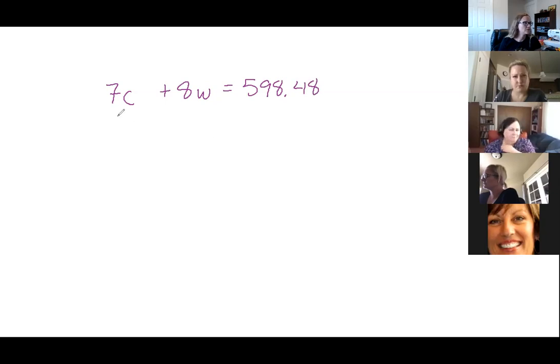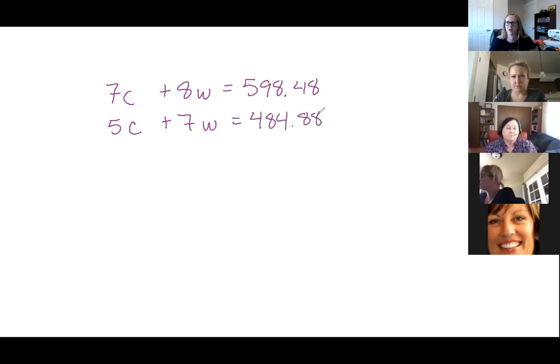And then on his second one we have 5 ceramic and 7 wooden, and a profit of 484.88.